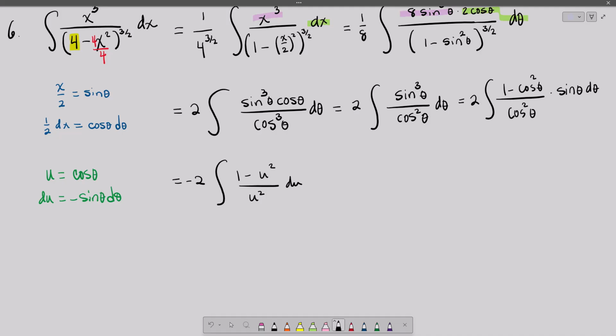If we split this fraction, we're kind of okay. That's going to be u to the negative 2 minus 1. So this will be negative 2, and then add 1 to the exponent, divide by the new exponent. So negative 1 over u. And then minus u. And then plus c.